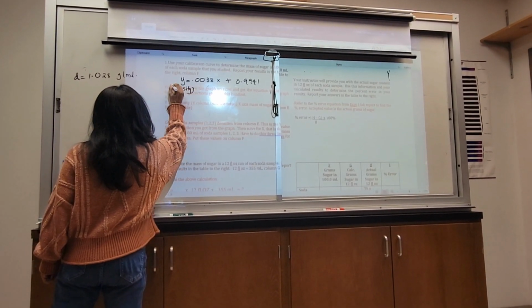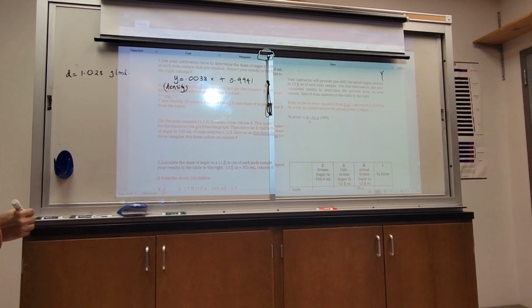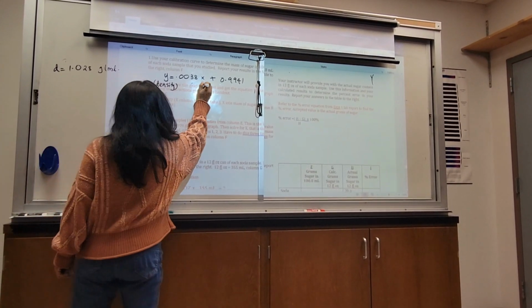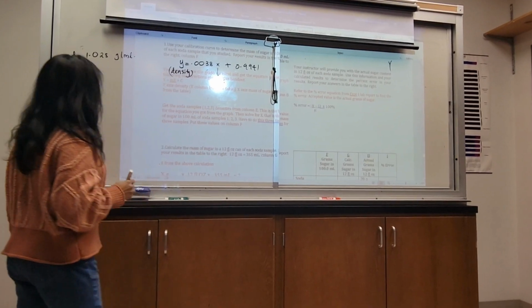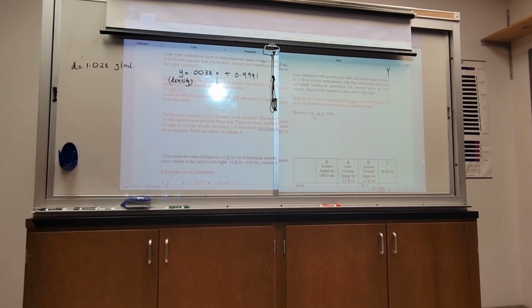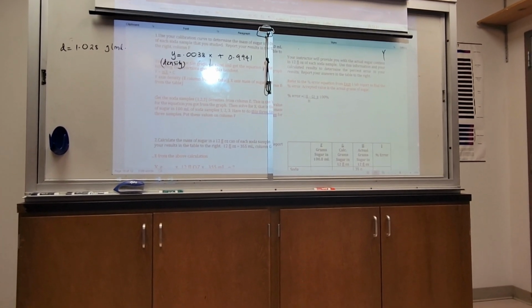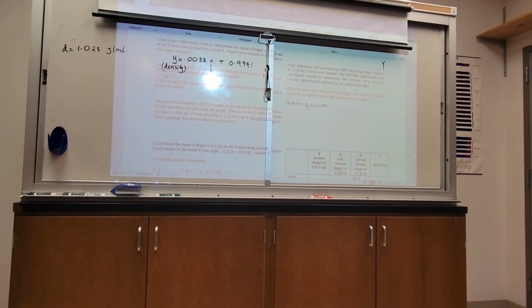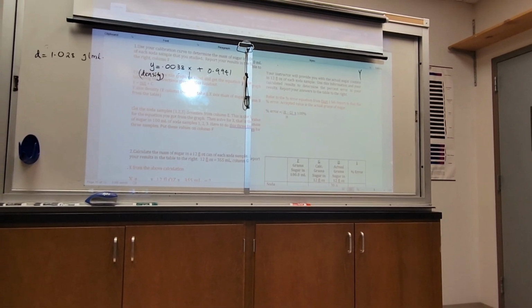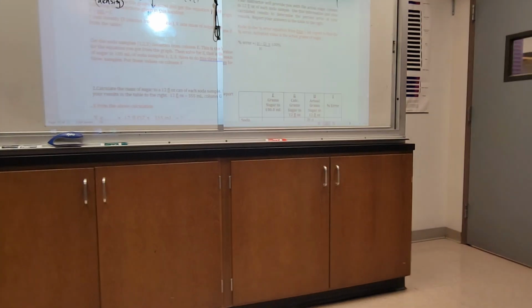And what do we have on the x-axis? The mass of the sugar. Correct? So if you know the density of the unknown soda sample as 1.028, how do we use that to get the mass of the sugar using our calibration curve? What do we need to do?